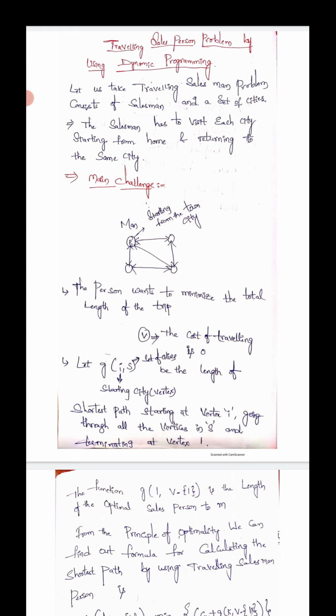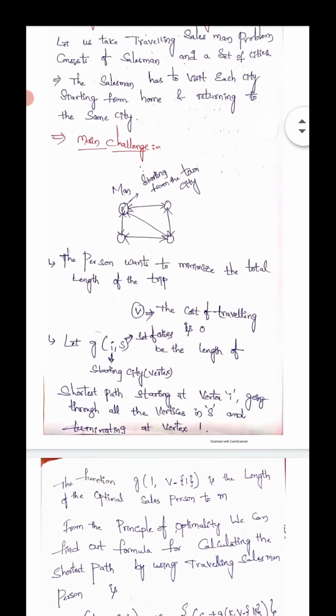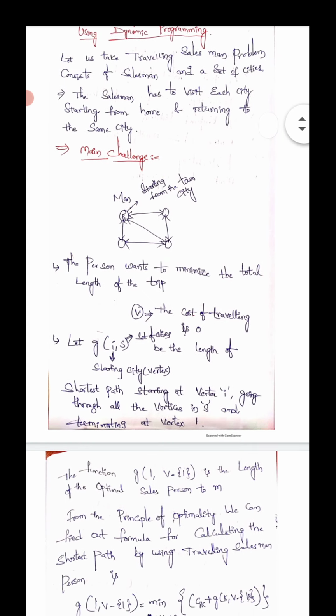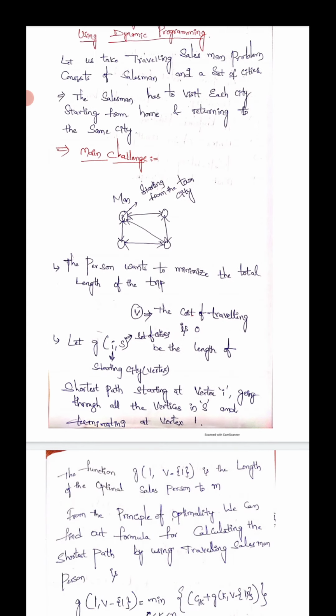Now let us take g of i comma S to be the length of the shortest path starting at vertex i, going through all the vertices in S and terminating at vertex 1. It is very important. Here i is the starting vertex or starting city, and S is the set of cities.